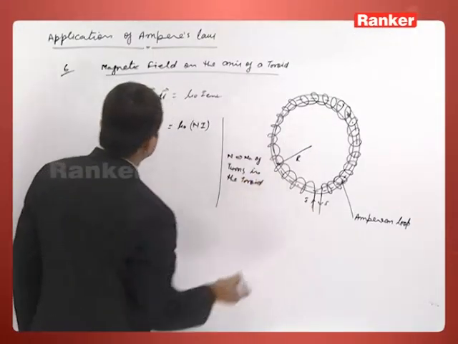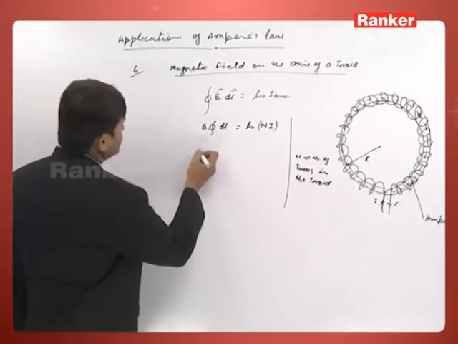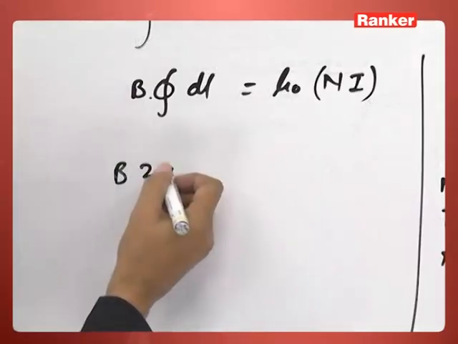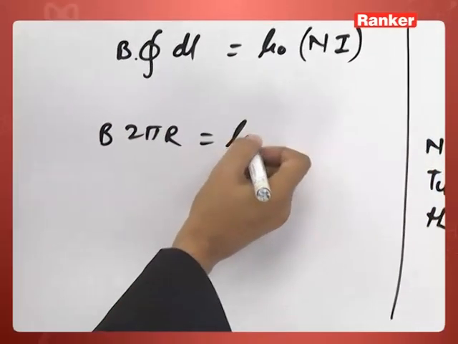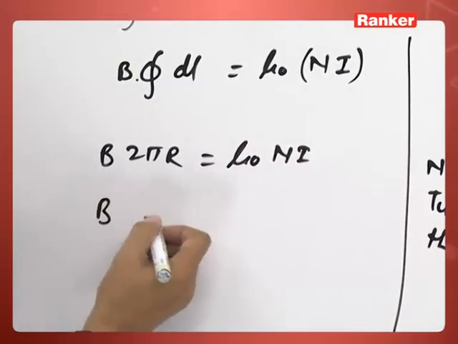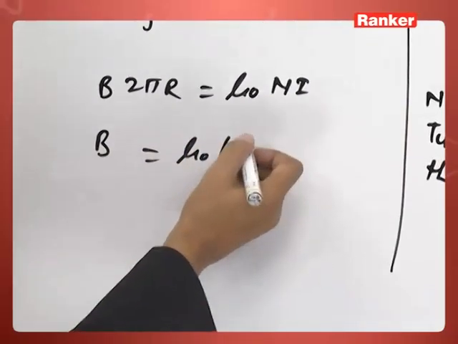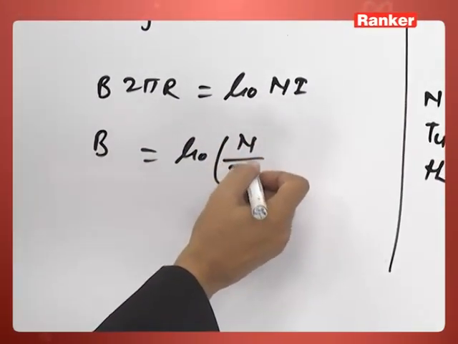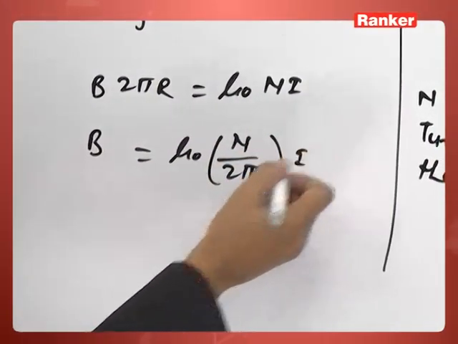So this is further written as B into 2 pi r equals mu naught N into I. So B on the axis is written as mu naught N by 2 pi r into I.